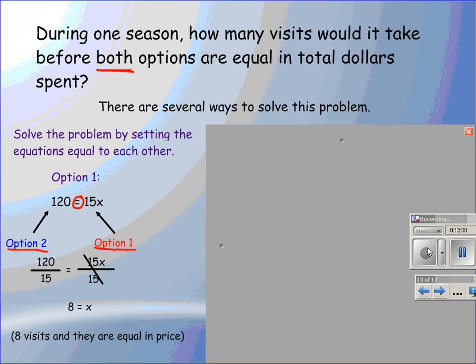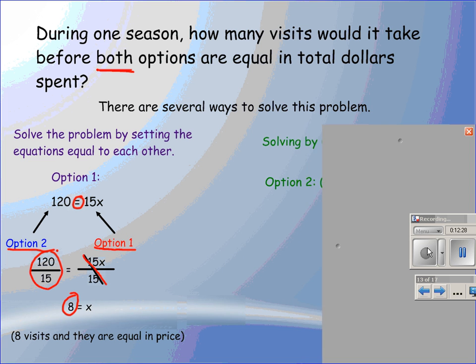So now we need to solve for x. This is going to tell us how many visits they will have to make for them to be equal in price. So all I did was I divided by 15, and then 20 divided by 15 is 8. It will take 8 visits, and then they are both equal in price.